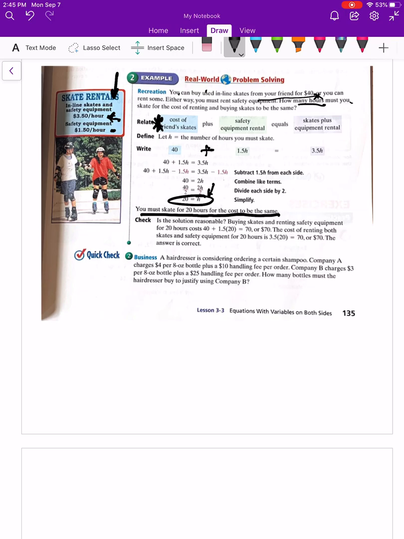If you're an inline skater like myself, who would probably break my neck trying to inline skate, I'm probably not going to skate 20 hours. So therefore, it would be the better bet for me to just rent the skates and the equipment. So 20 is kind of the breaking even point. So these are good problems to compare prices.